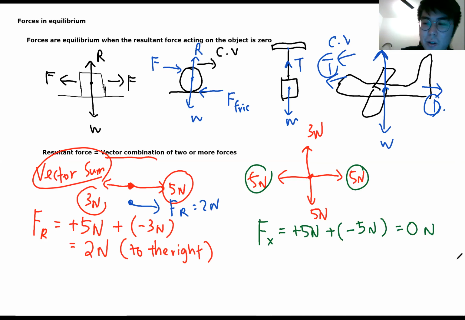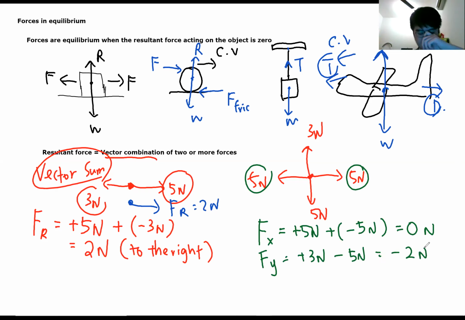So there's no net force in the horizontal direction, and for the vertical direction, Fy equals to, same, for vertical 去上面就是加，去下面就是减，所以你有加 3N 减 5N. So this one you get negative 2N. Then you label it is acting downwards.